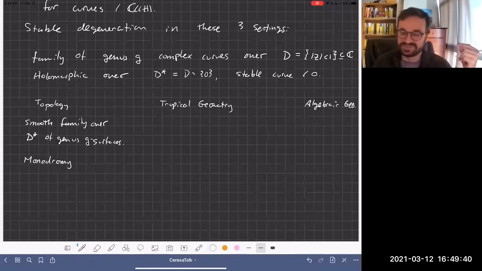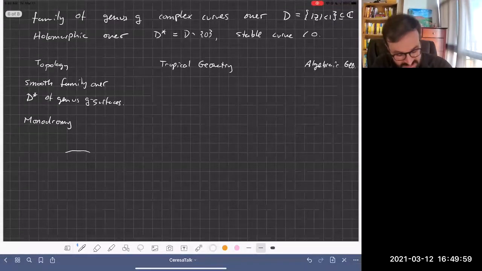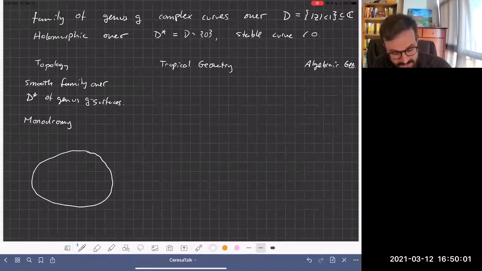Right, but when you do have this stable degeneration, the monodromy action, you can think of it either on the mapping class group or on the action of the mapping class group on the outer automorphism, the action on pi 1 of the genus G surface, is given quite explicitly, right?